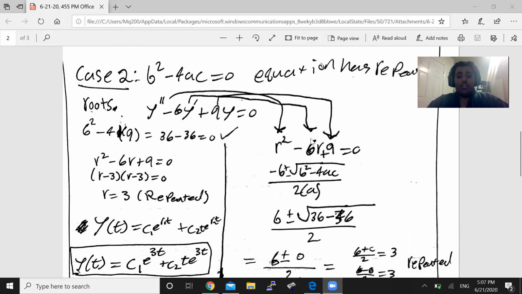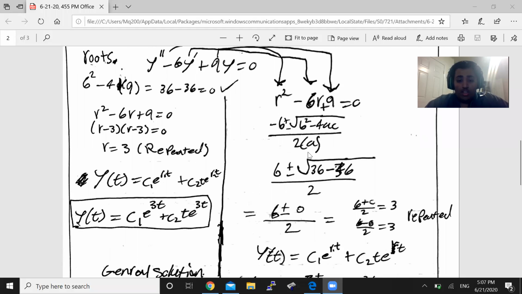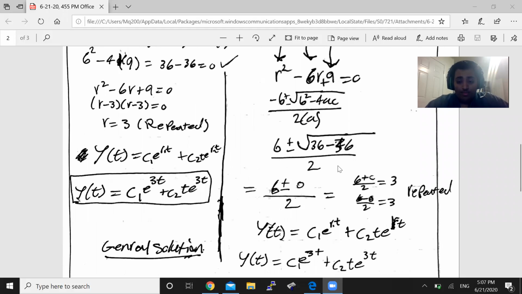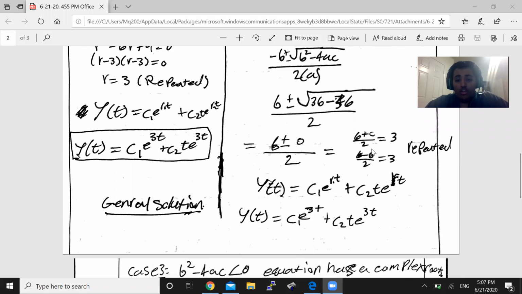After I made it to a quadratic form, I did it with the quadratic equation. After all that math, I got 3 repeated. I got both roots at 3. That's the equation when you have a repeated root: c1 e to the power of rt plus c2, and you put a t, an extra t right here because it is repeated, times e to the power of rt.